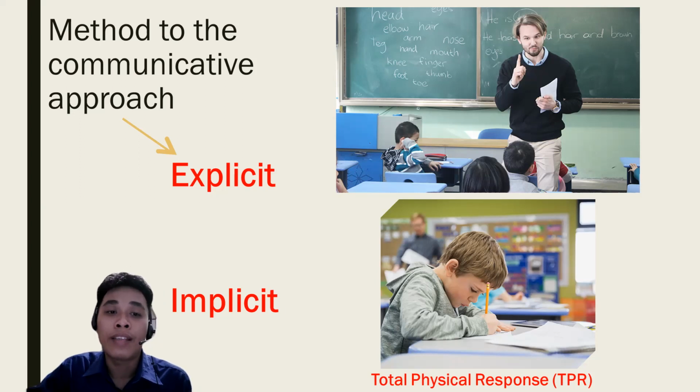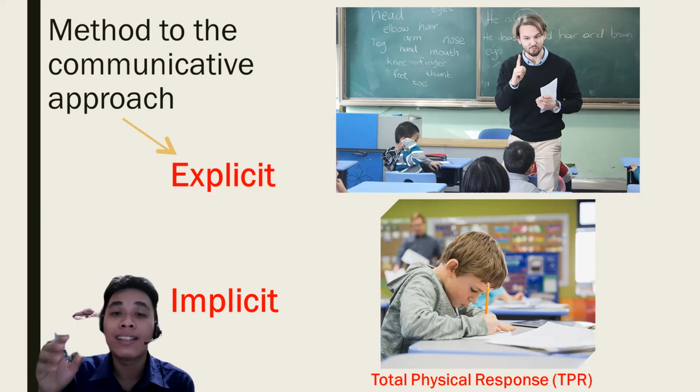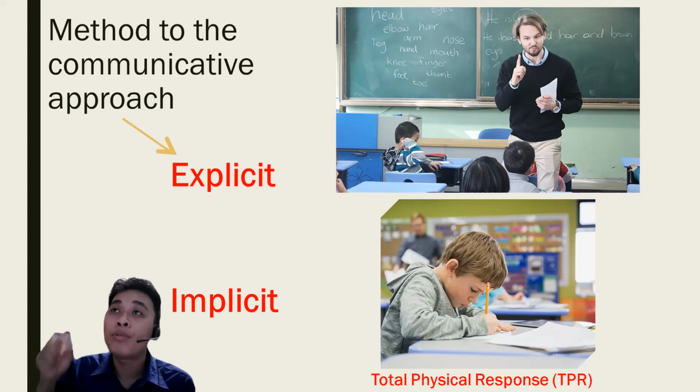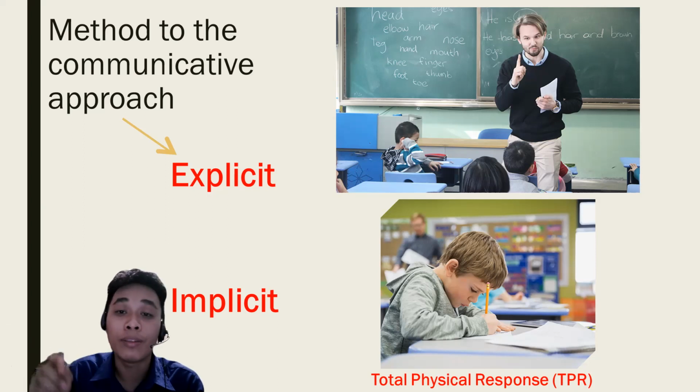The explicit method used here is that the teacher explains all grammar rules, all the grammar items, and all the grammatical rules, but with a creative method. We put the English grammar behind the material.